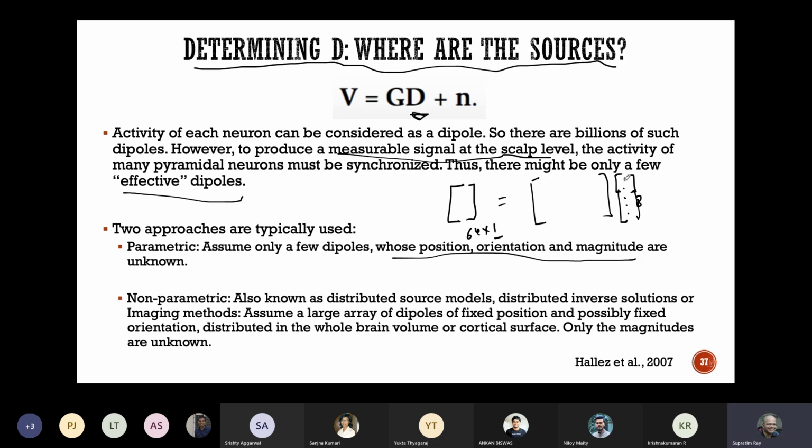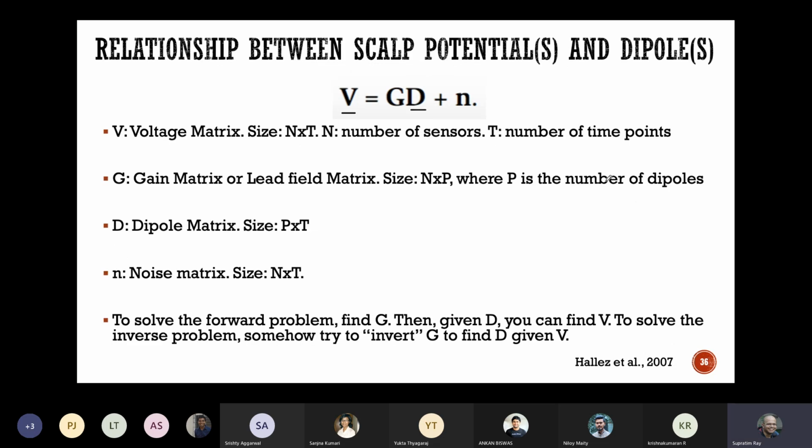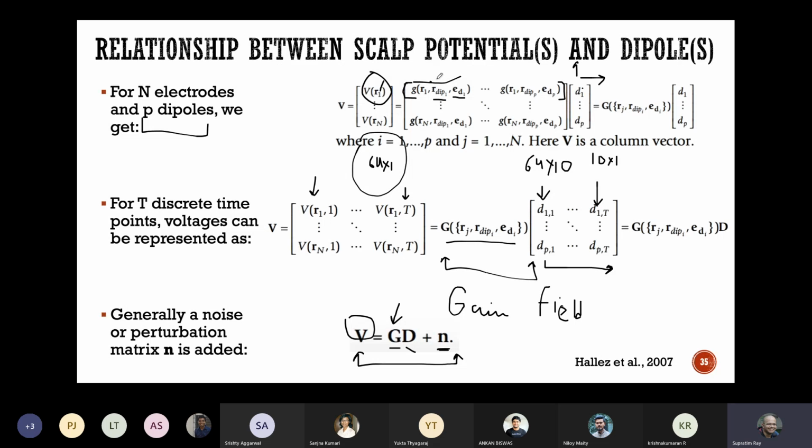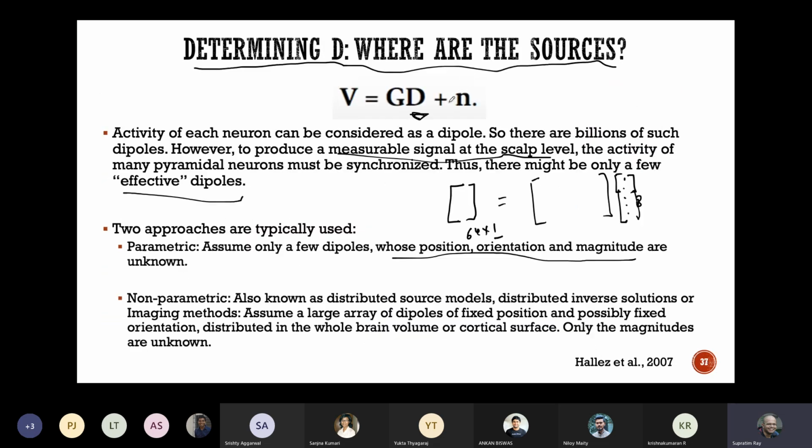But you don't know their locations. So you don't know what RDIP is. You don't know their orientations, and you don't know their magnitudes. So you actually don't know the gain field function, which depends on these variables. However, even if I consider all of these as variables, I'll have a finite number of variables, and I can solve this because I have sort of 64 equations here, right?